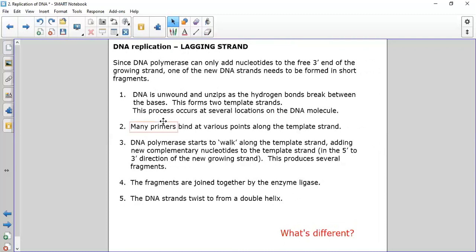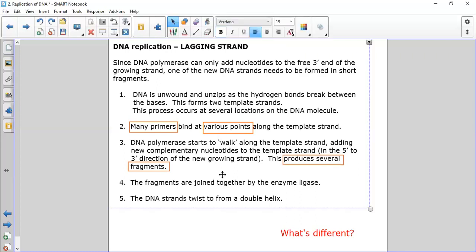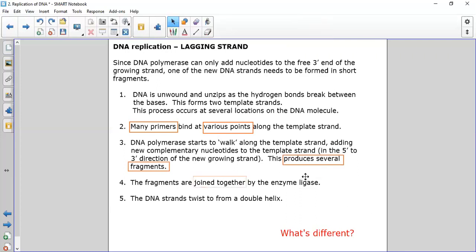This bit's different. Many primers need to bind at various points. That means we get fragments produced. And the fragments need to be joined together by ligase. Right, so they're the things that are different for a lagging strand compared to a leading strand.